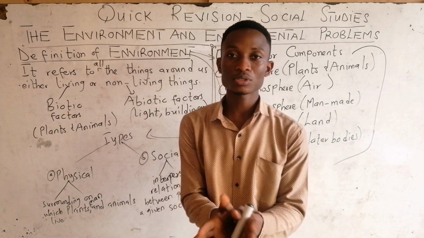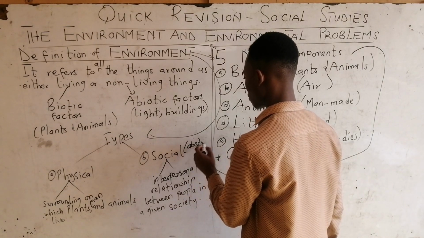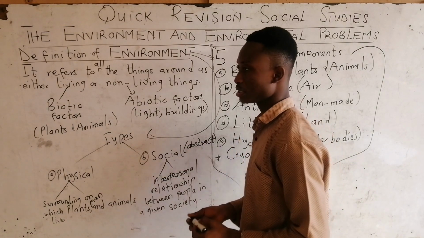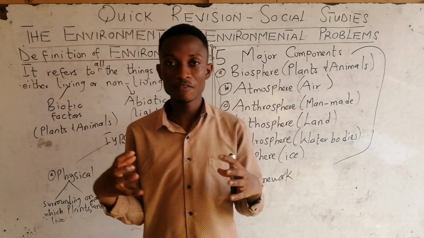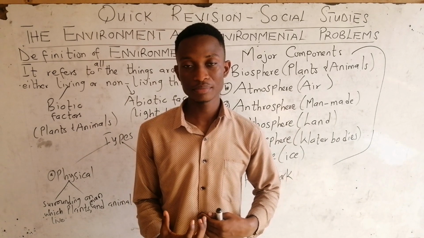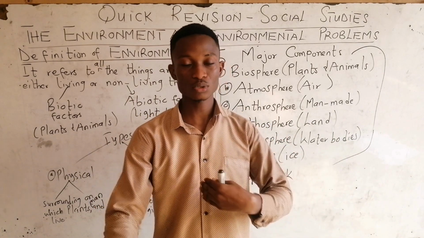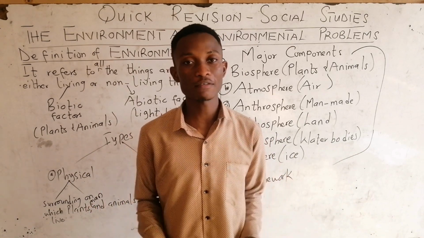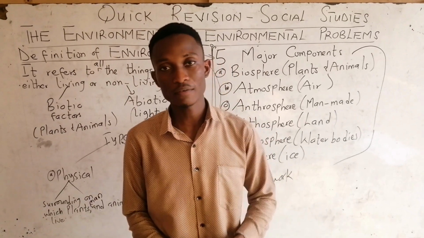Basically, they are abstract. Abstract simply means that we can't hold them, we can't see them, but we feel them, we express them. We show them to others. So that shows the relationship that we have. Family ties and the like are all examples of the social environment.